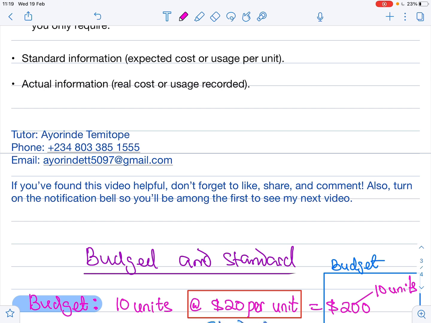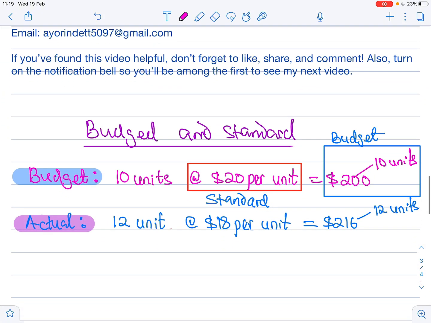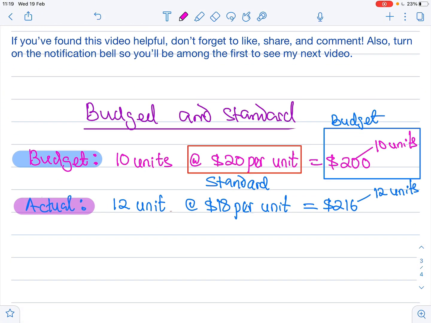Oh, okay. So before we solve those two questions, I have a Mickey Mouse example for you here. So let's just understand the concept of budget and standard very well. So imagine a company is planning to buy 10 units of an item.